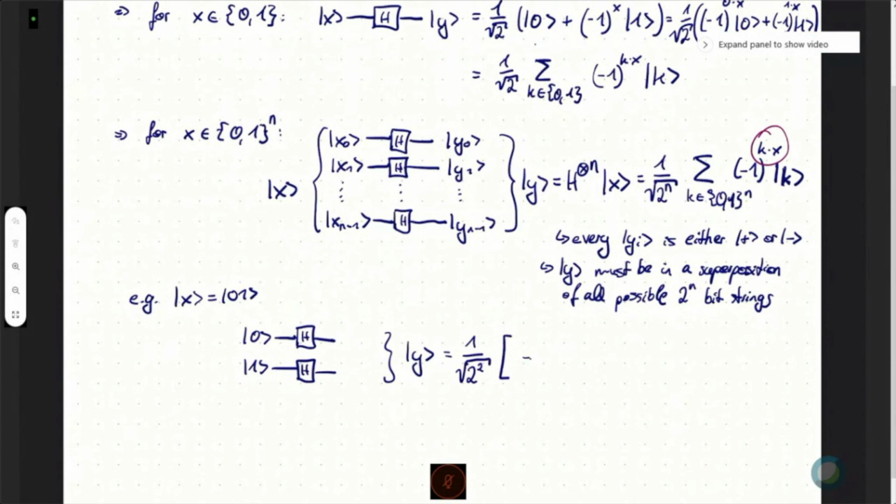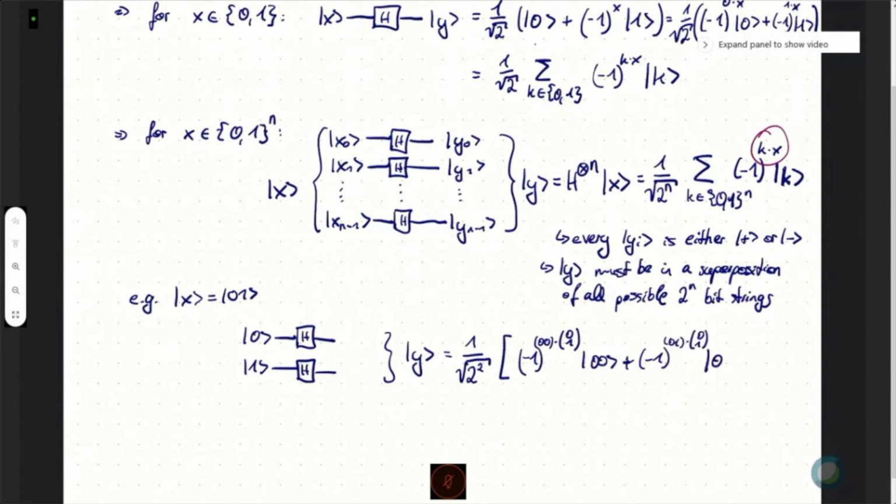The first one is k equal to 0, 0. So I take 0, 0 in a product with x, which was 0, 1, times the state k, 0, 0. Plus, then I have the second term, minus 1 to the power, let's say 0, 1 times 0, 1.